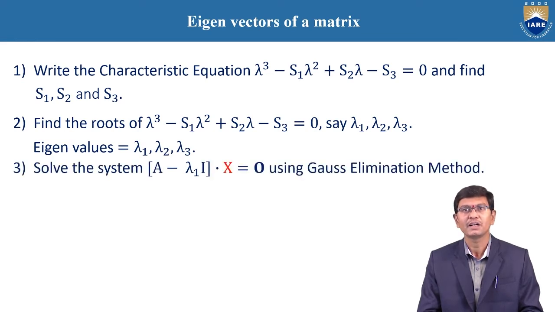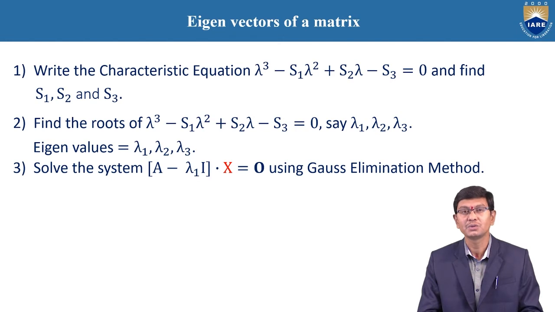Next, taking x as a non-zero vector, consider the equation (A minus lambda I) x is equal to 0 and solve it using the Gauss elimination method.